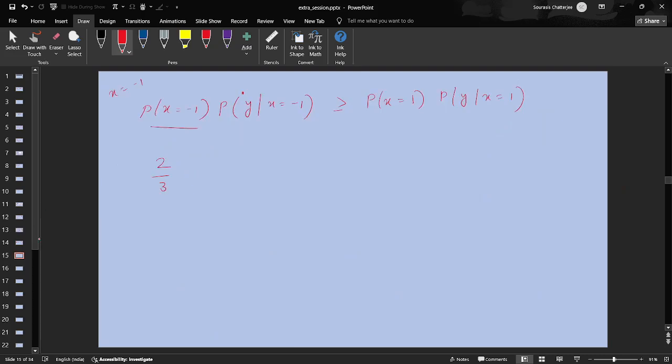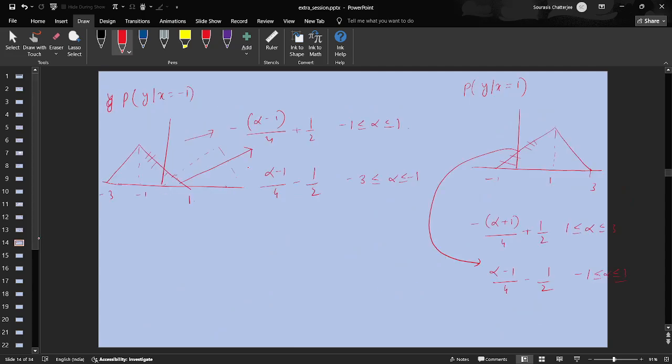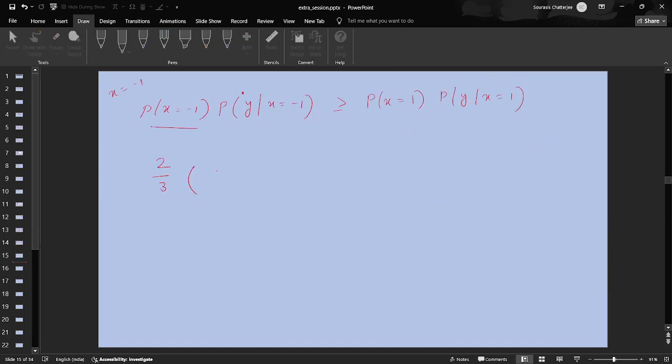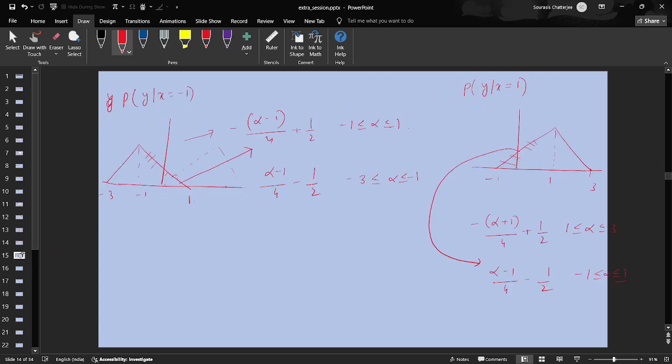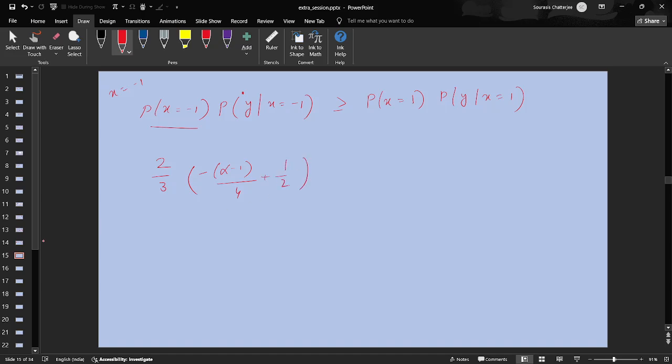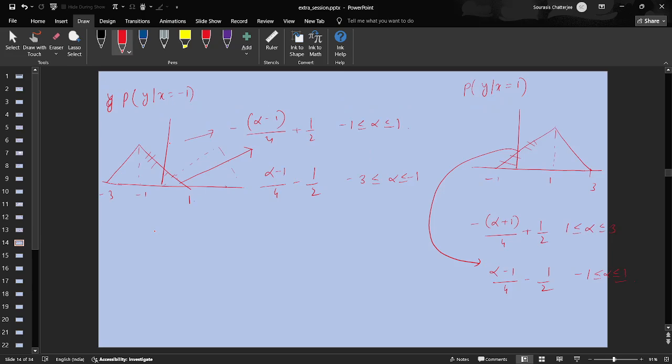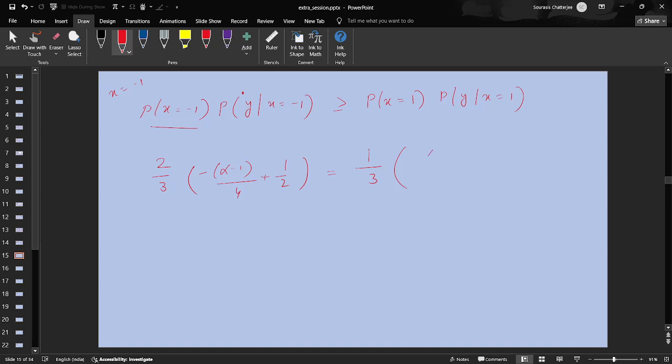So you have 2 over 3 times this expression, minus (alpha minus 1) by 4 plus half, is equal to the probability of x as 1, which is 1/3, the prior, times the expression on this side, (alpha minus 1) over 4 minus 1 over 2.